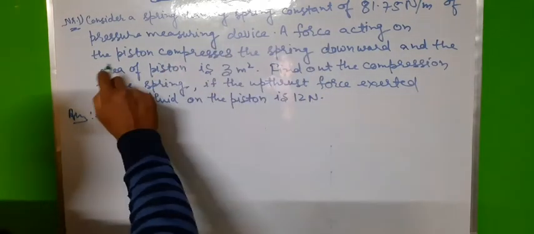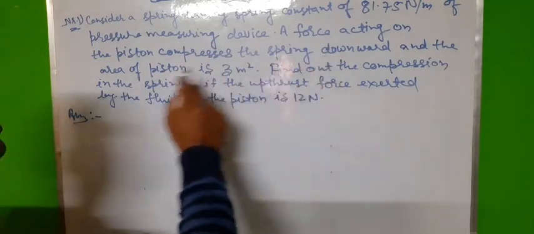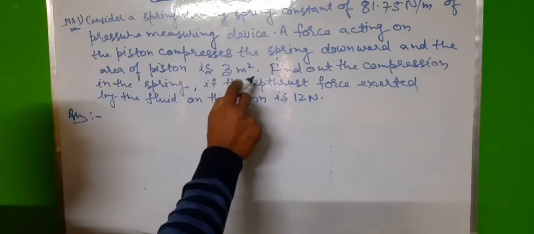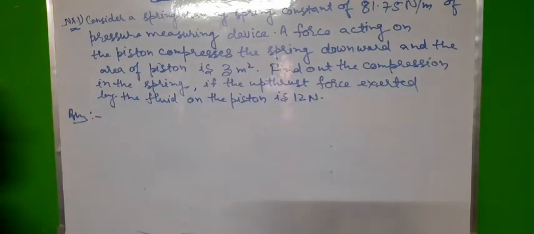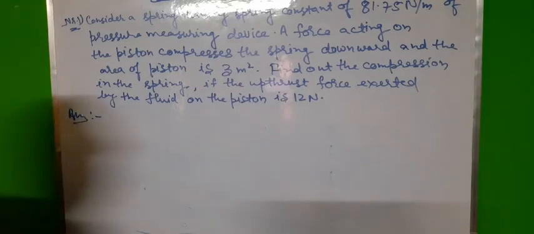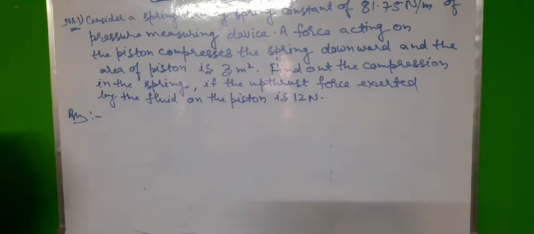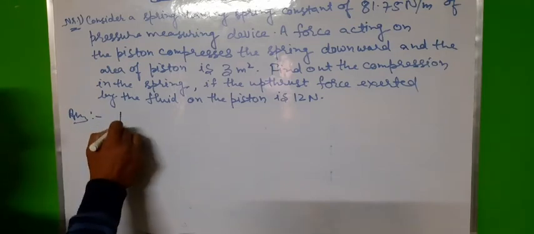A force acting on the piston compresses the spring downward, and the area of the piston is 3 meter square. Find out the compression in the spring if the upthrust force exerted by the fluid on the piston is 12 Newton.